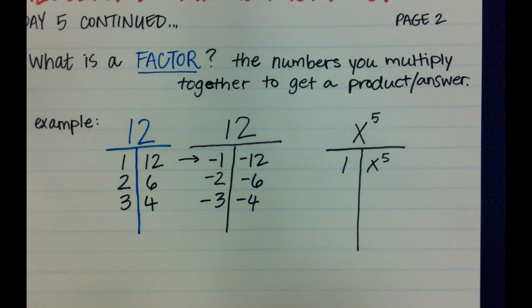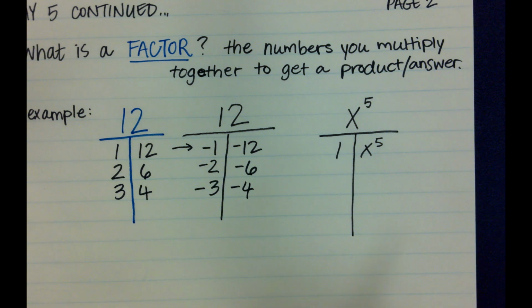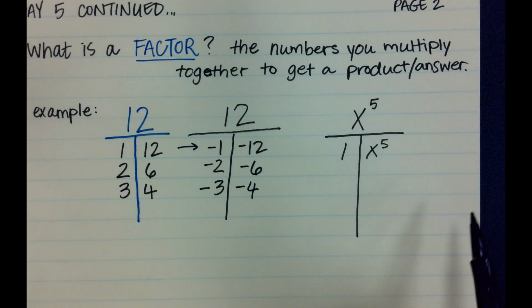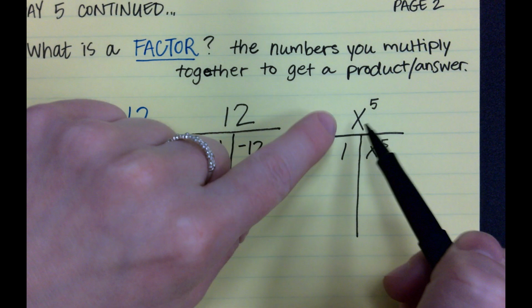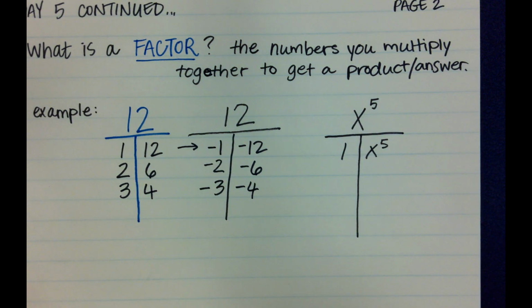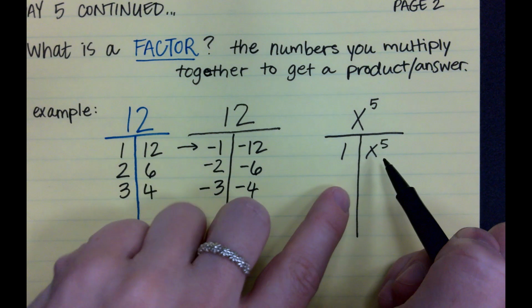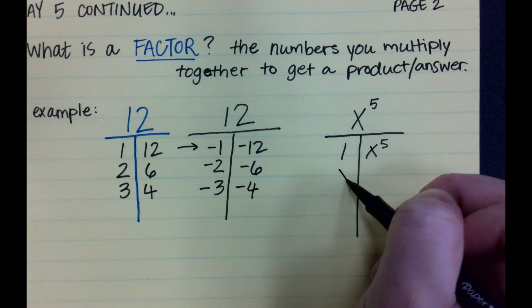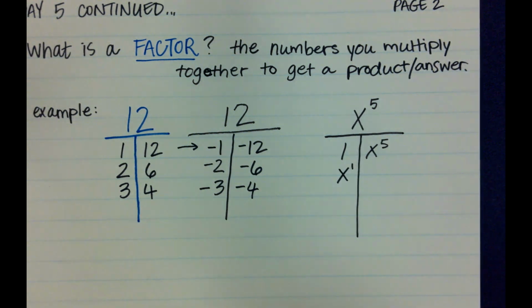Now, we're probably not going to be looking at number factors here. Instead, let's think about when we multiply exponents, what do we do exactly? You're adding them. So let's start with x. Remember, that's like x to the 1st power. What would I multiply that by to get x to the 5th?